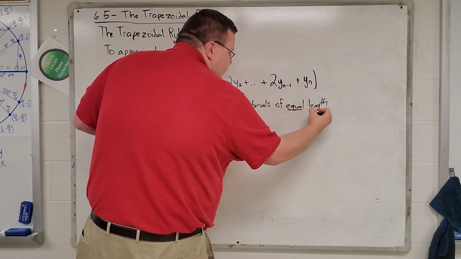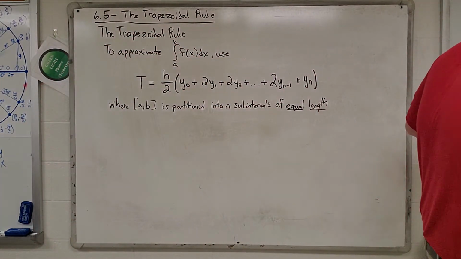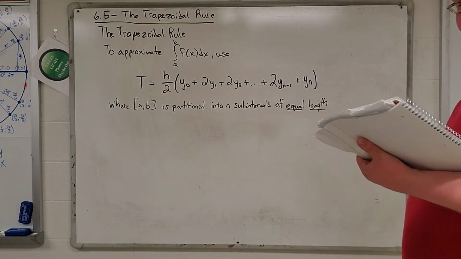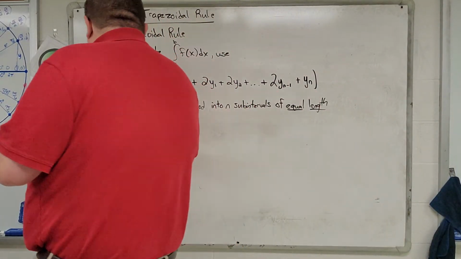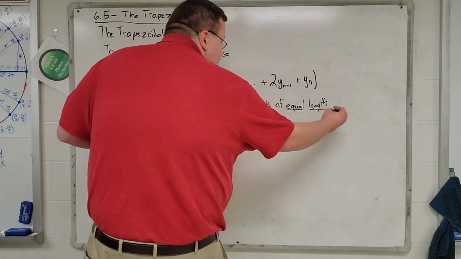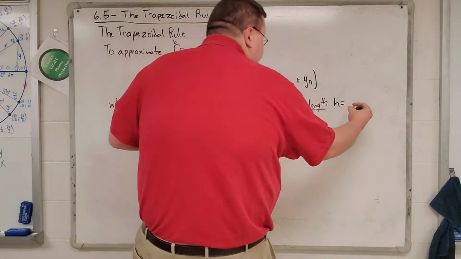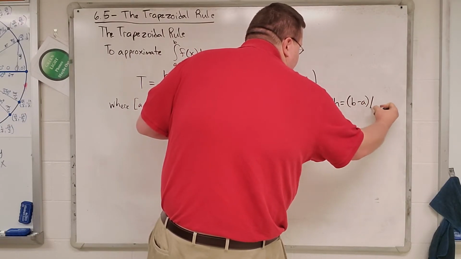I'm going to underline those words equal length because it's important that not always will you have subintervals of equal length, so we'll need to talk about what to do when you don't have that. But in this instance, in the definition, we're saying they are equal length. And that equal length is h, which is equal to the quantity b minus a divided by n.